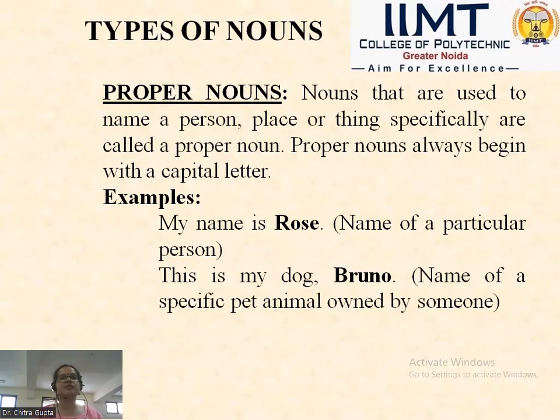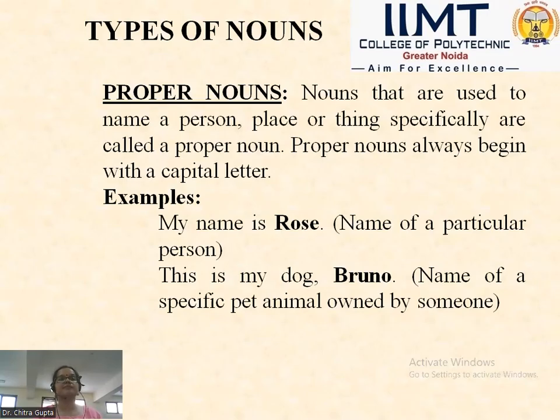Nouns that are used to name a person, place, or thing specifically, particularly, are called proper nouns. Proper nouns always begin with a capital letter. Proper nouns generally belong to a person, place, thing, object, species, human beings, etc., specifically and particularly, and are always used with a capital letter.